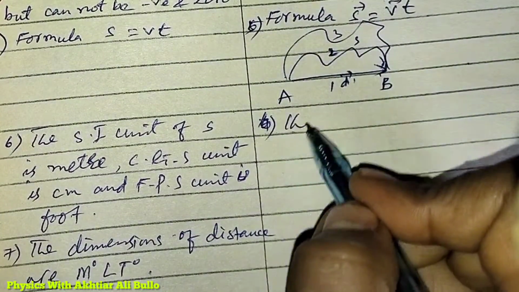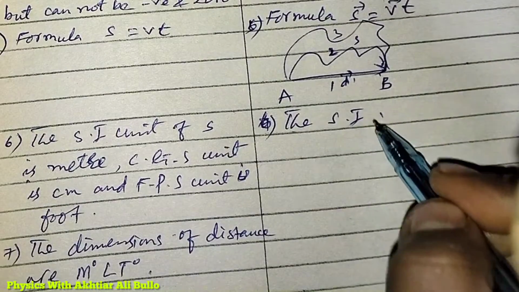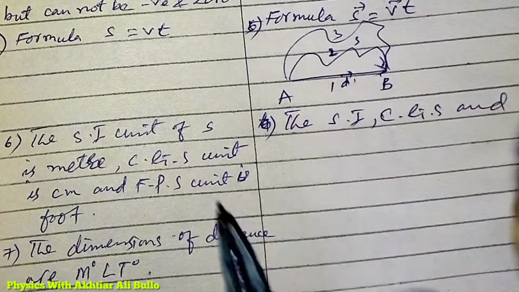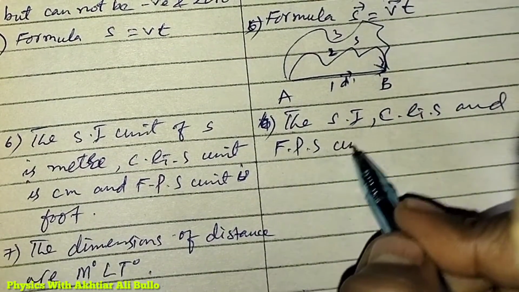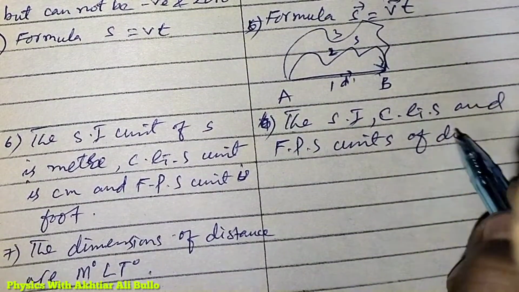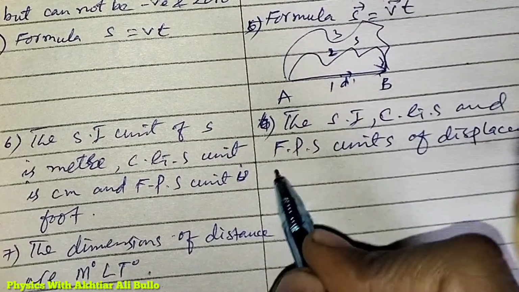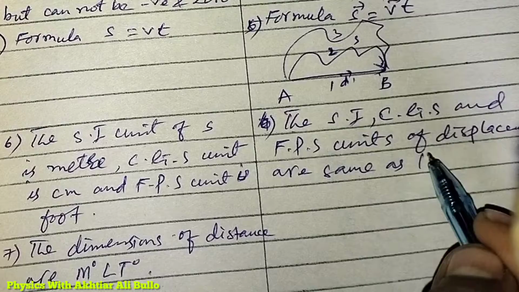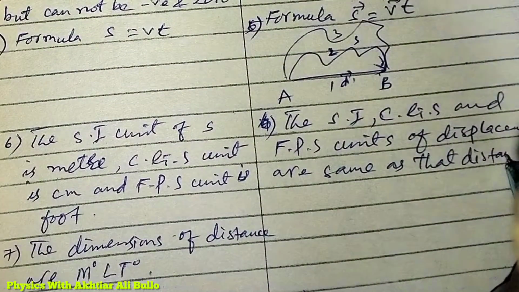The SI, CGS and FPS units of displacement are same as that of distance.